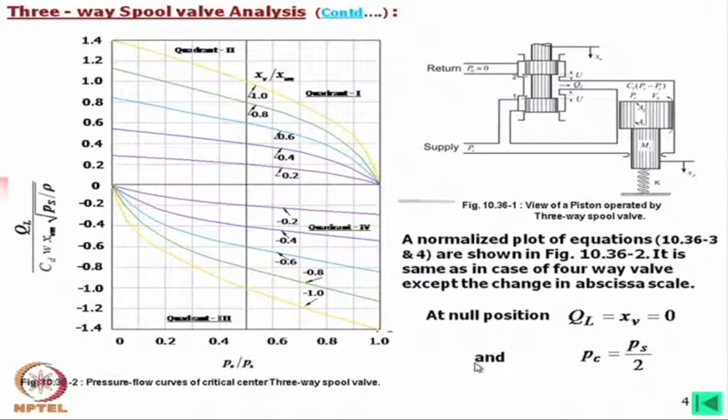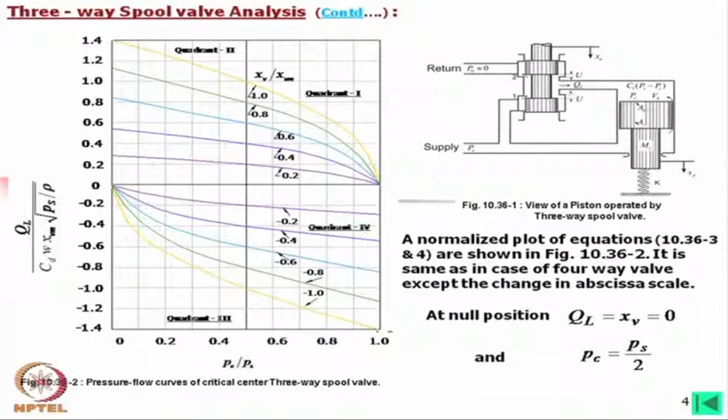Now, what we find is the control pressure P c is P s by 2, because we have taken the area ratio 2. So, at that condition P s by P c is equal to 2, that means P c by P s is equal to 0.5, this means here.